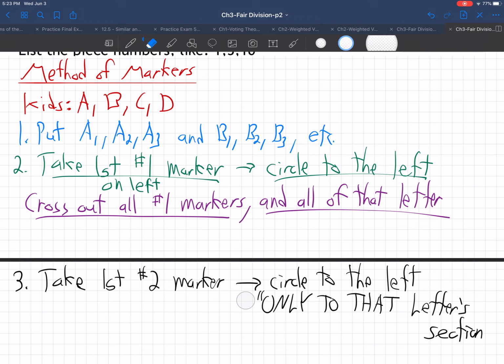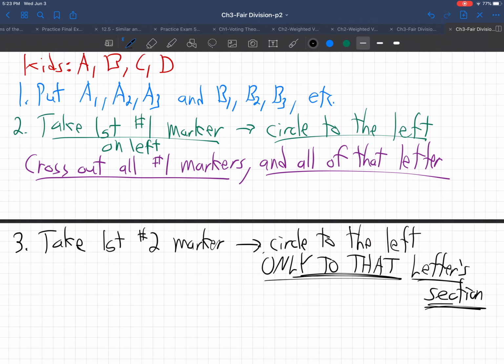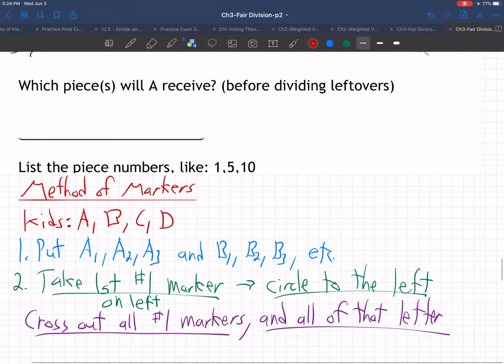So very, very important. This is the mistake people make. This is where they get confused, right here. So make sure, let me do something to really help you see that. This is what gets people. So take the first number 2 marker, circle to the left, just like we did before, but only to that letter's section. What am I talking about?